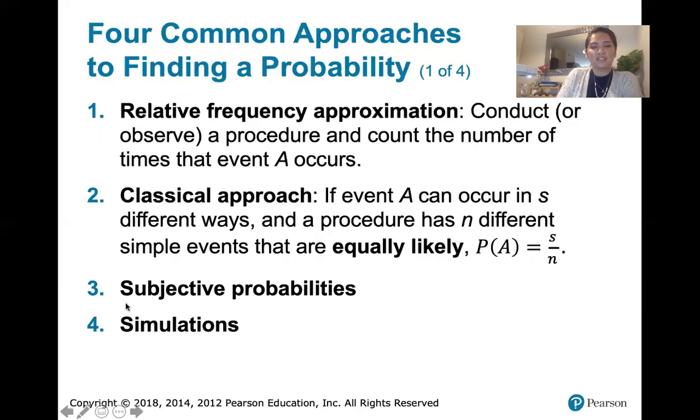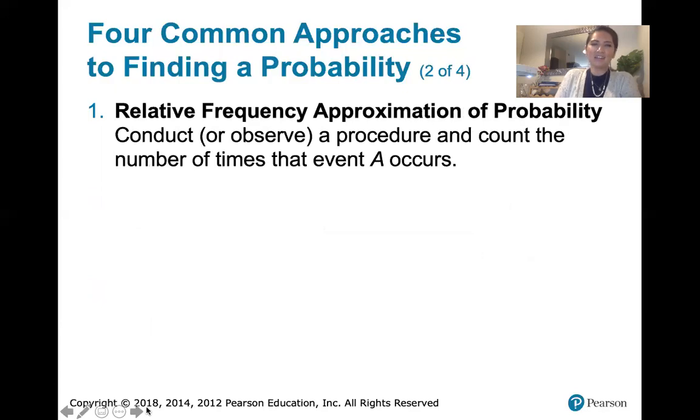So a simulation is giving you data that is very similar to what you get from that relative frequency approximation. But in the simulation, it actually hasn't occurred. We've just pretended like it did occur and then counted the number of ways or times that event A occurred in the simulation. So now we're going to go through these one by one and look at some examples.